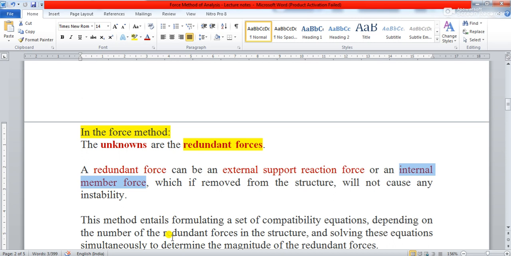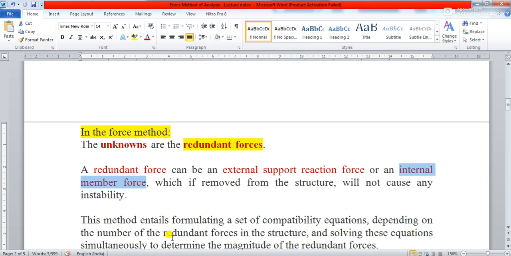For that 1 degree of indeterminacy, the redundant in that case is the reaction at the prop end, and that redundant force is basically the external support reaction force. It is not an internal member force, it is an external support reaction force.